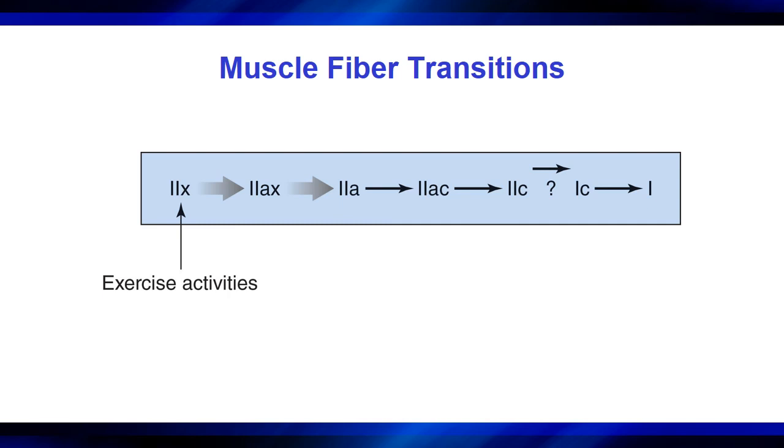The exercise activities that recruit motor units with type 2X muscle fibers tend to initiate a shift towards the type 2A fibers. They found this looking at a resistance training protocol using 6 to 12 repetition max loads with 2 minutes rest.